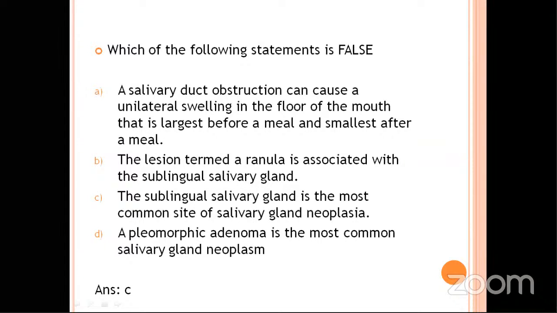The sublingual salivary gland is the most common site of salivary gland neoplasia. No. The minor salivary glands are the most common site of neoplasia. If the major salivary glands are involved, it will more likely be benign. If it involves a minor salivary gland, it is most likely to be malignant. This is one clue.